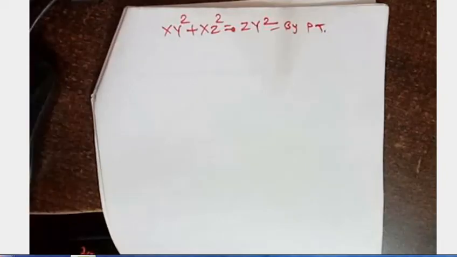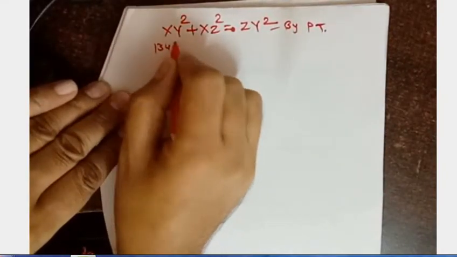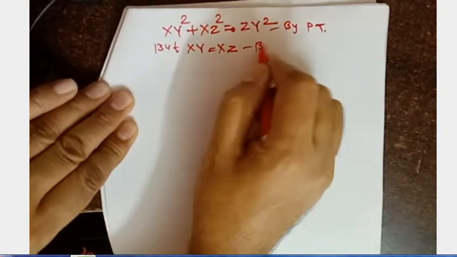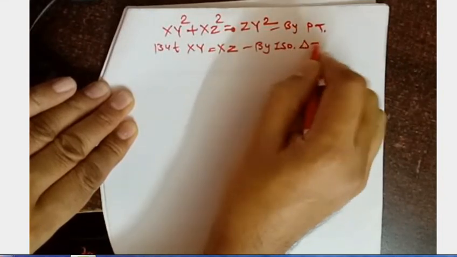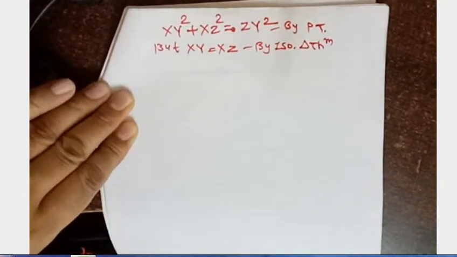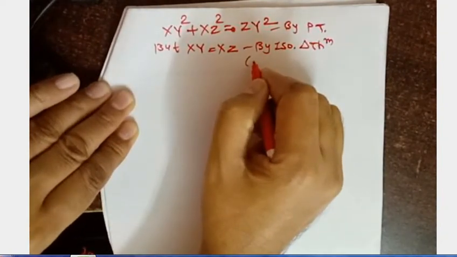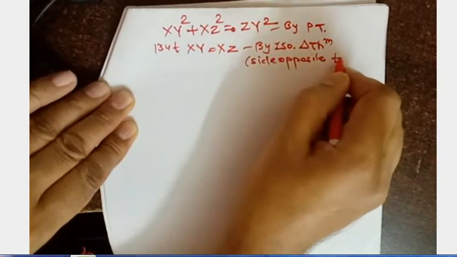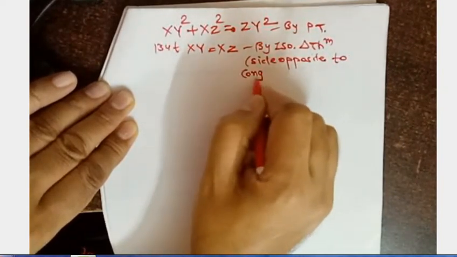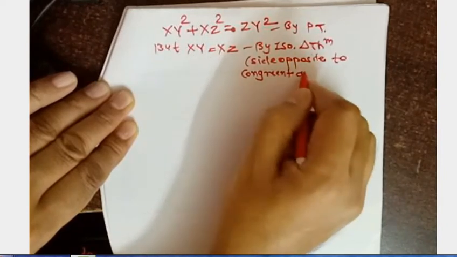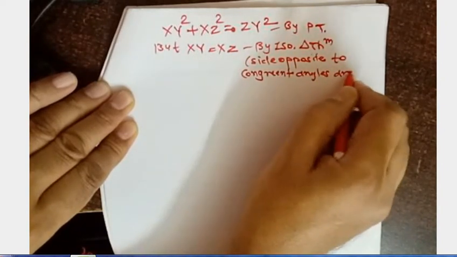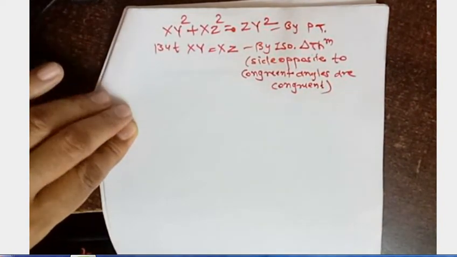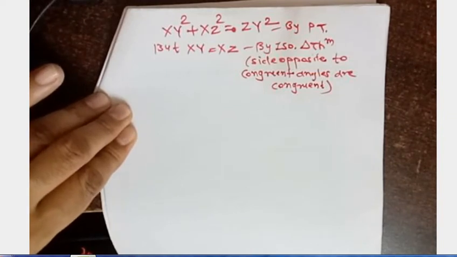I write here XY is equal to XZ by the isosceles triangle theorem, because the sides opposite to congruent angles are congruent. Therefore XY is equal to XZ.